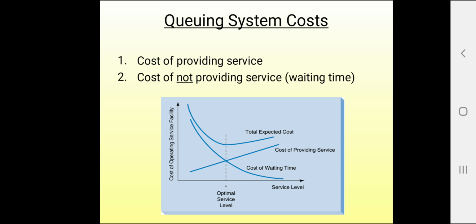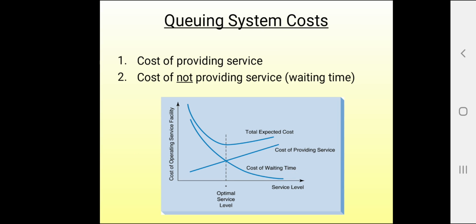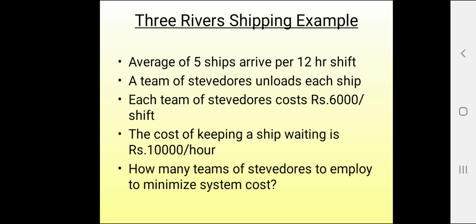So this is an intersection point which is optimal service level. So you can choose this for any queuing systems. So already we discussed yesterday what is cost of providing service and what is waiting line cost. So today we'll move to one example.